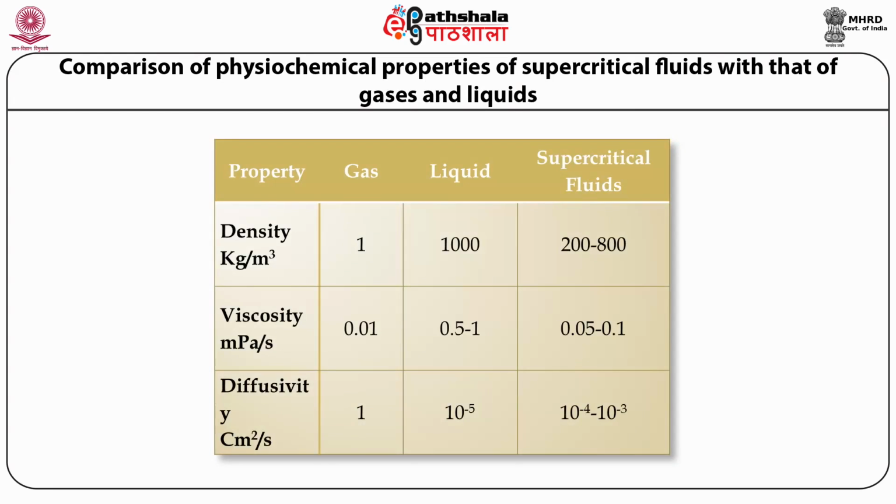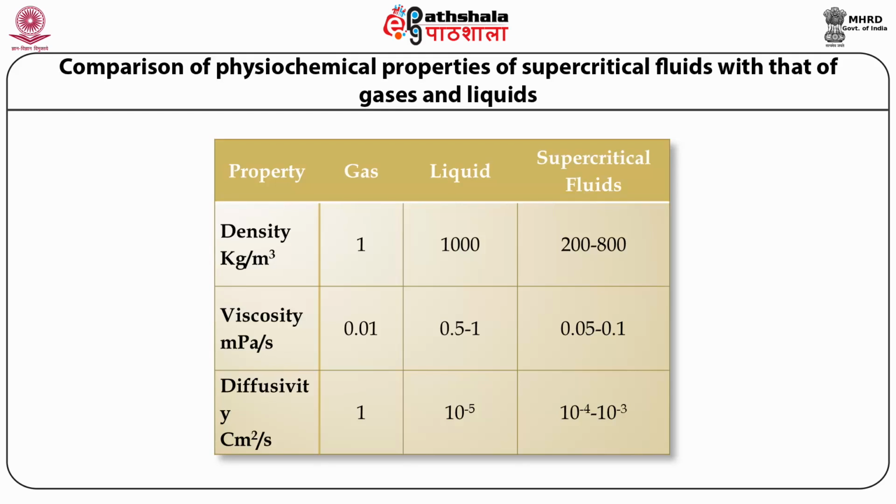We can see that supercritical fluids have properties that are intermediate between gas and liquid. The density of a supercritical fluid is between that of a gas and a liquid, and it is closer to liquid. Since supercritical fluids have a higher density than gases, they are better solvents.